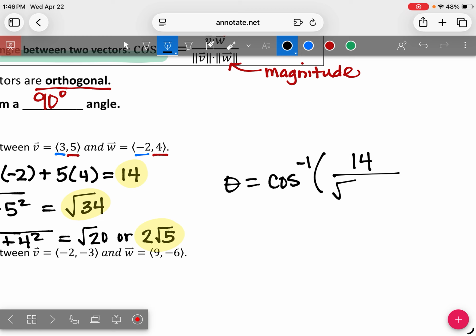And then you're going to take the square root of 34 times 2 times root 5. Type that in your calculator. I rounded mine to the tenths place, but you follow the directions on your test. I'm pretty sure it says thousandths place.